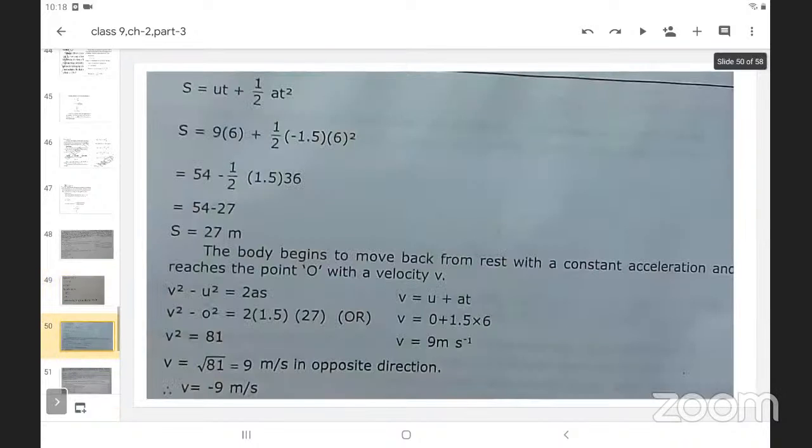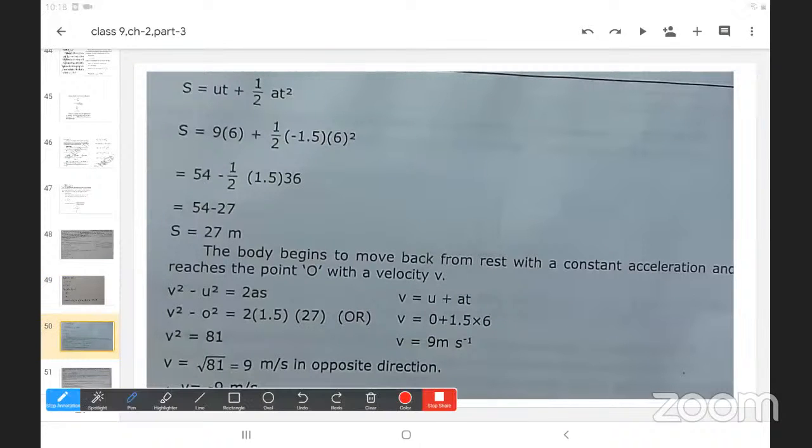So we take s equals ut plus half at square. Substitute all the values in this equation now. The time given t equals 6 seconds, and u equals 9 meter per second, and a equals, we know, minus 1.5, and time again 6 seconds.